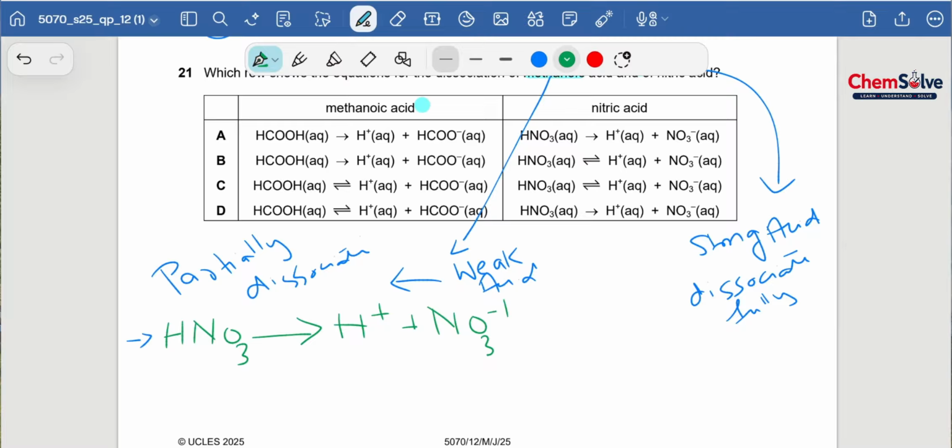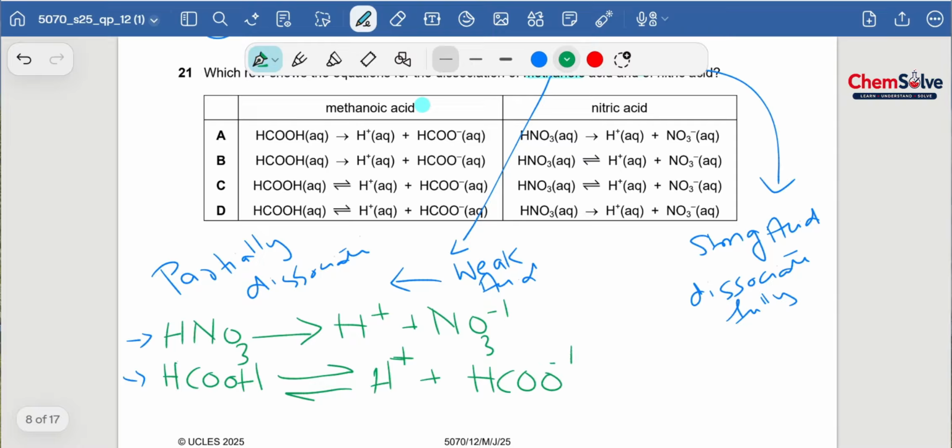Now for methanoic acid, HCOOH, as it is a weak acid which partially ionizes, we will show it with the reversible arrow. It will dissociate also into hydrogen ions and methanoate ions like this.